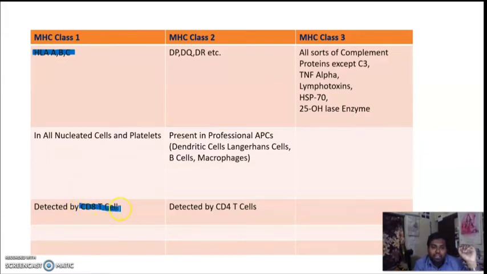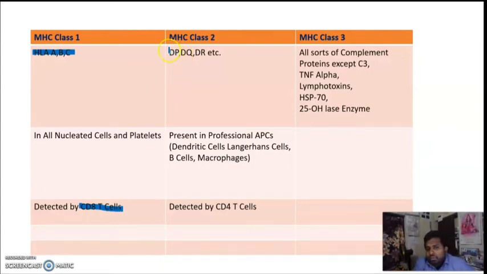So what happens? Whenever any antigen enters, the macrophages etc. take these antigens to the CD8 T cells, and CD8 T cells detect them through these MHC A, B, C receptors. Okay.